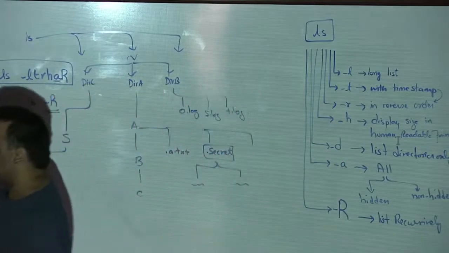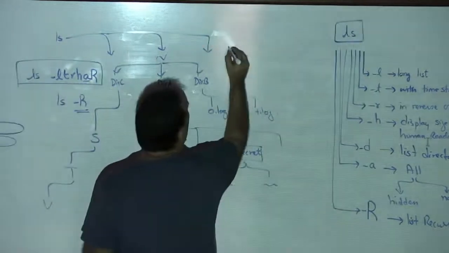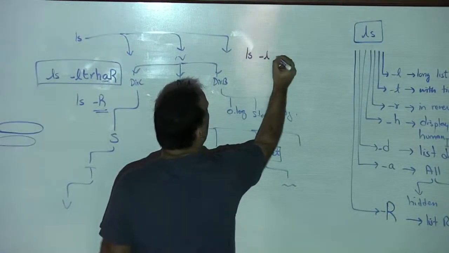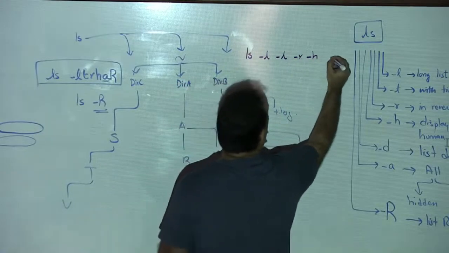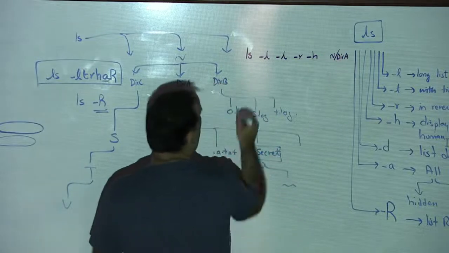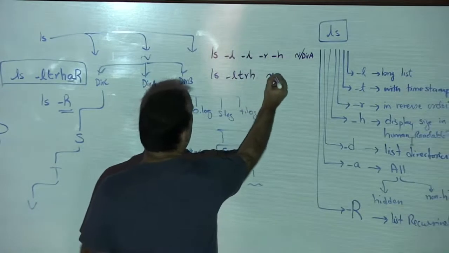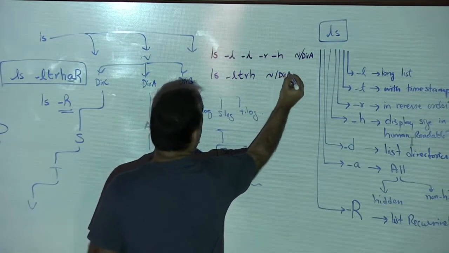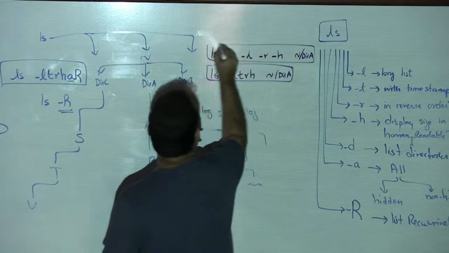And you can combine this with one option or multiple options. For example, if I type in ls -l -t -r -h in my home directory A, this is valid. And this is also valid, -ltrh directory A. You can use this or you can use this.